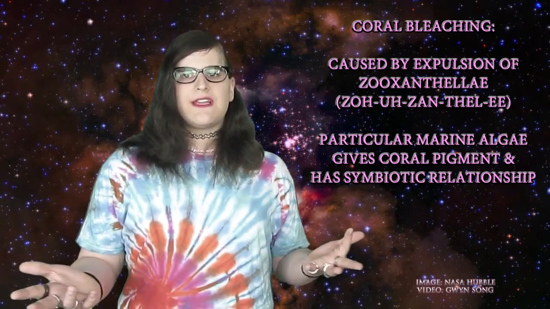Of course, if hardier zooxanthellae move in, then the coral will continue to thrive. But if none do, then it dies and releases its carbon back into the ocean. Overall, this reduces the ocean's ability to sequester carbon and results in higher concentrations of carbon dioxide within our atmosphere.